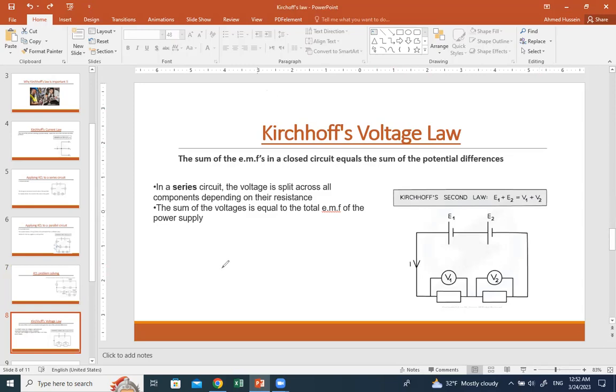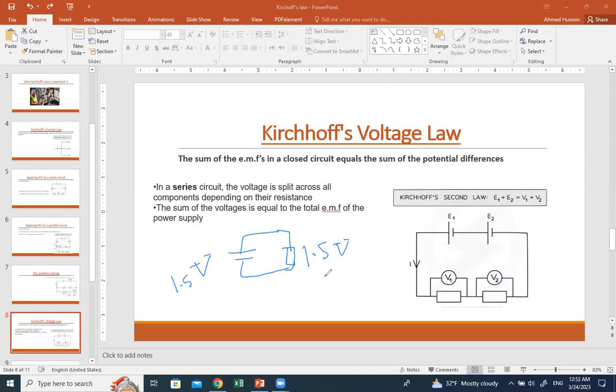And this could be easily explained from the simple circuit. If we have a simple circuit that has only one battery and a resistor, we can easily realize that the voltage drop here equals exactly the EMF of the battery, which is 1 volt.